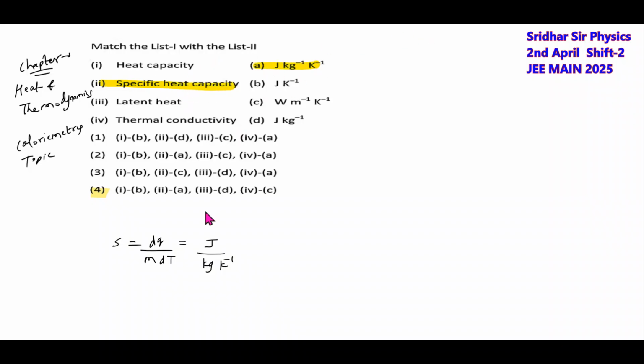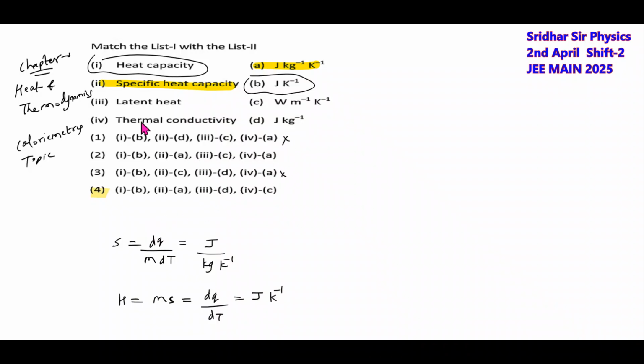Now heat capacity. What do you mean by heat capacity? Mass into specific heat. This will be dQ by dT, which should be joule per Kelvin. Okay, these two are ruled out.